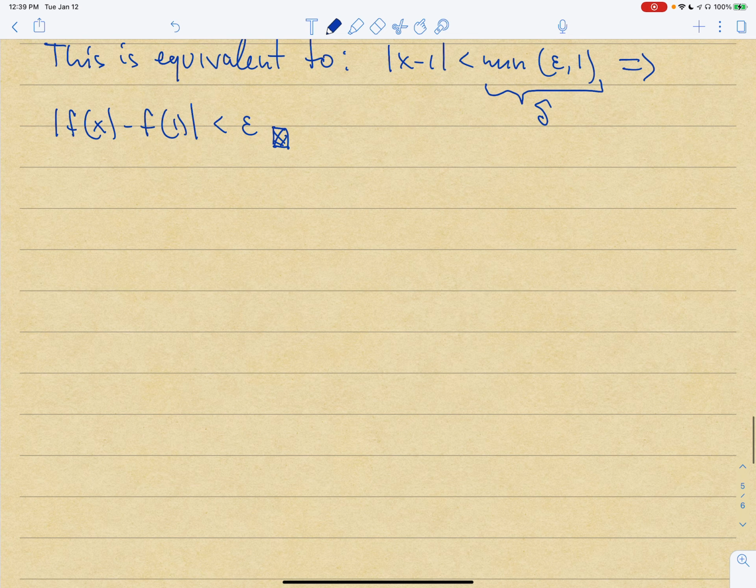Well, let's try approach number 2. And here we're going to use a sequence definition.